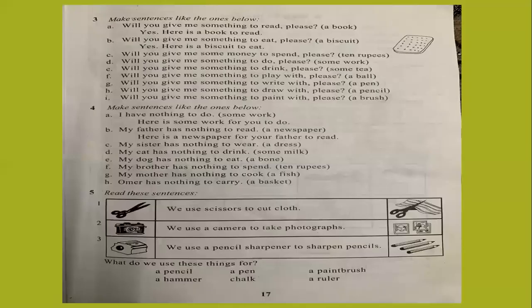Now come to the next page. Page number 17. Again, we will continue the same method, same rule we discussed on the previous page. Make sentences like the ones below. Keep in your mind, "Will you give me something to read, please?"